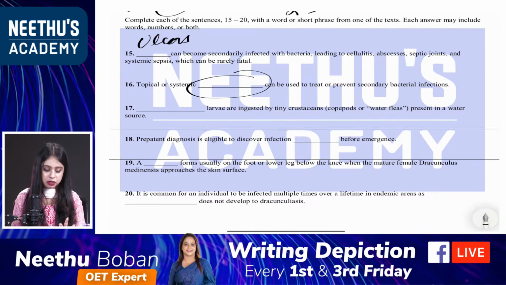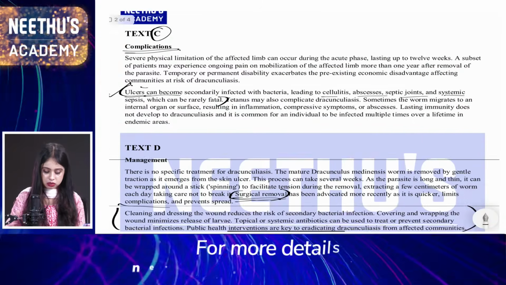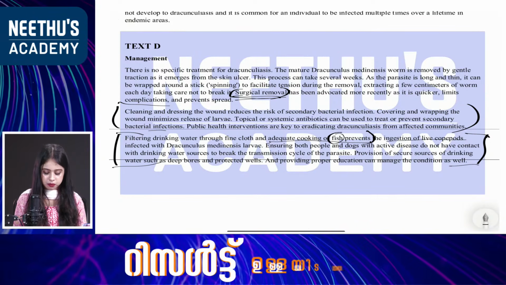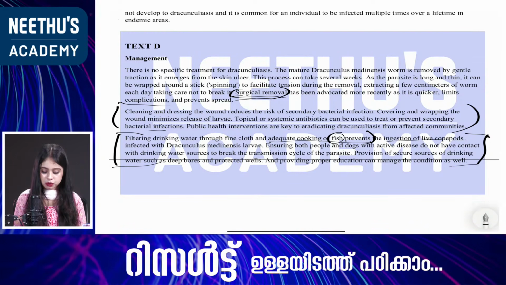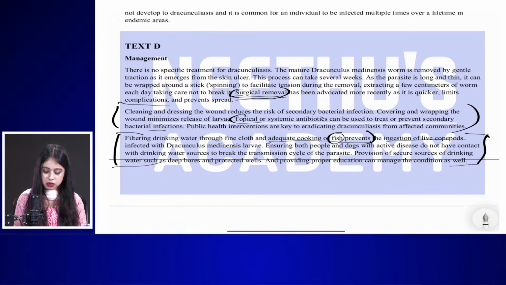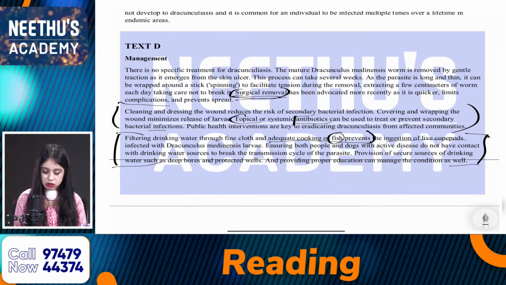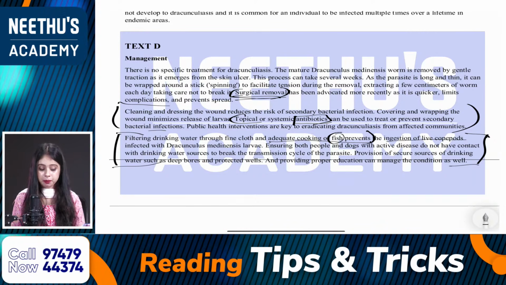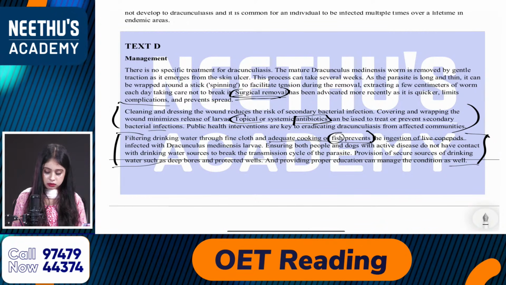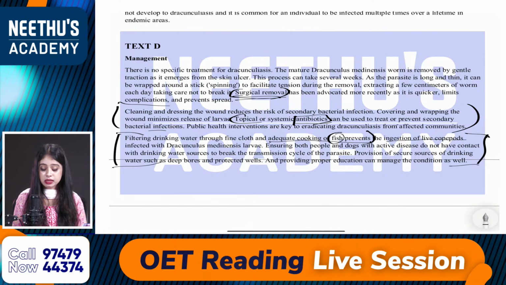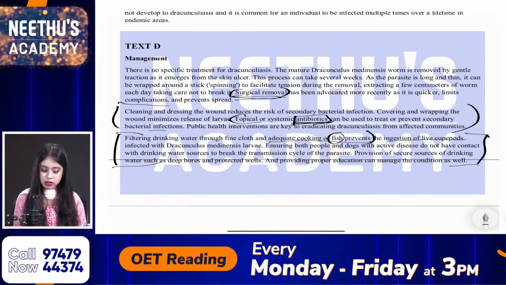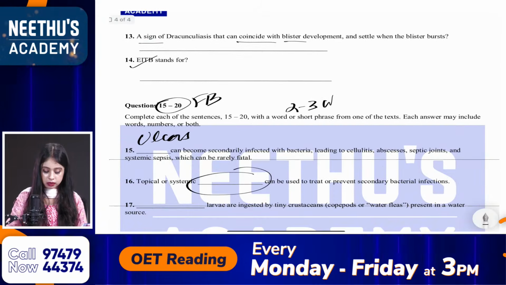What is used to prevent something? That is in text D, under management. So what are we using for that? Topical or systemic antibiotics. So the answer is antibiotics from text D. That is the correct answer.